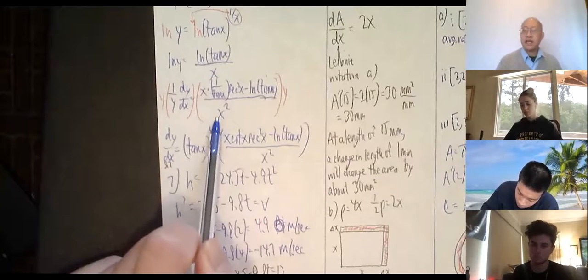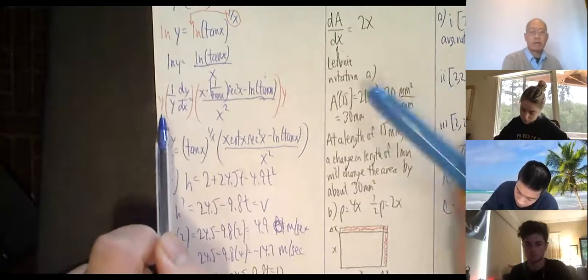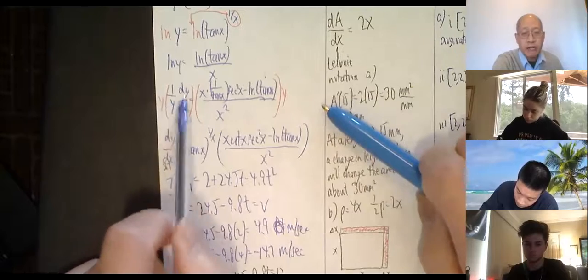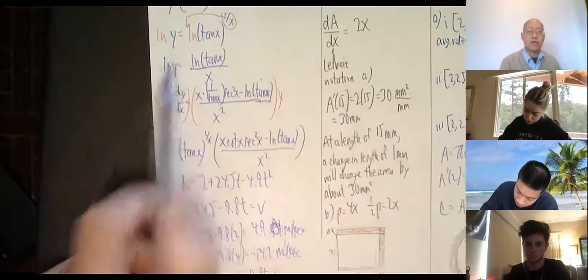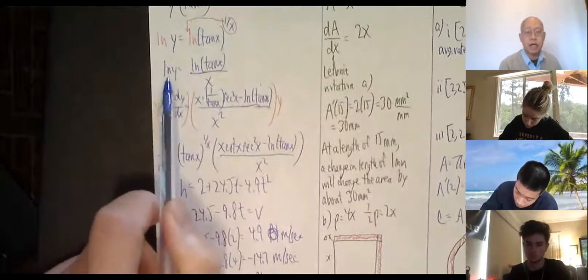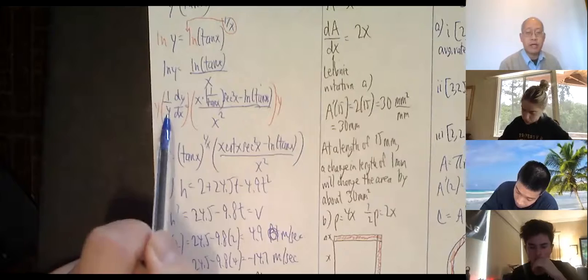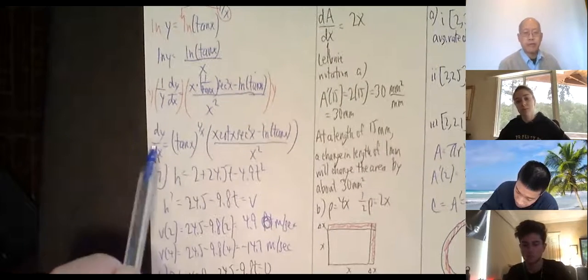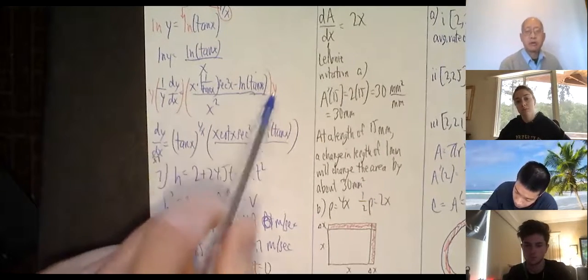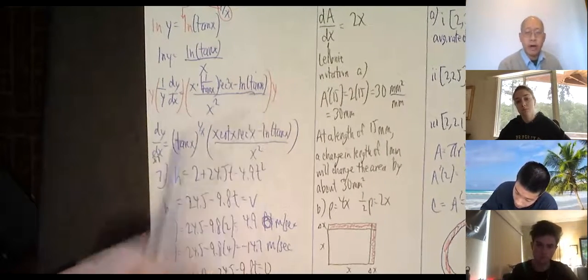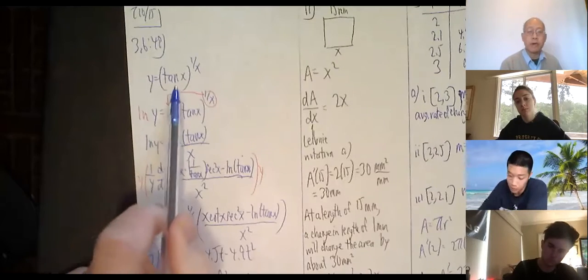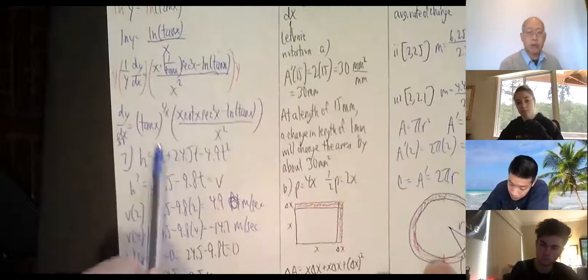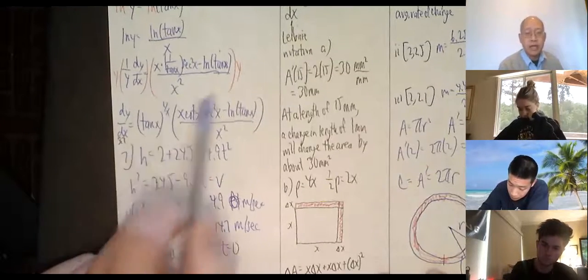Okay, that's essentially it, except now you multiply both sides by y. You want to isolate the dy dx. So the left side calculation is always the same because it's always going to be an ln y. Then you go 1 over y dy dx, and then multiply both sides by y. So dy dx is equal to y, but I don't write y. I write what it's equal to. The original y was tangent of x raised to the 1 over x. And then this new thing.